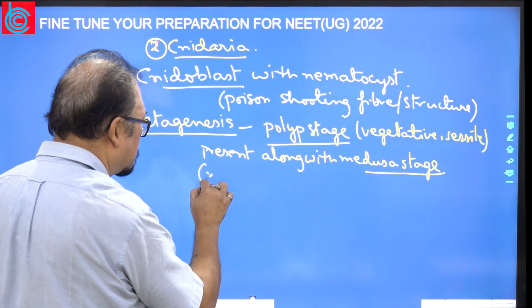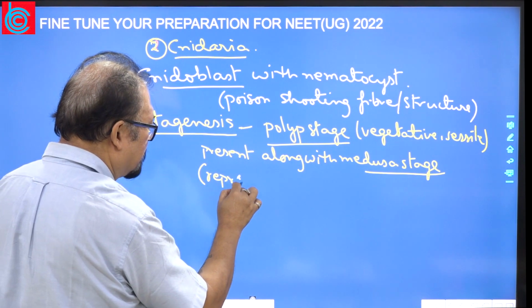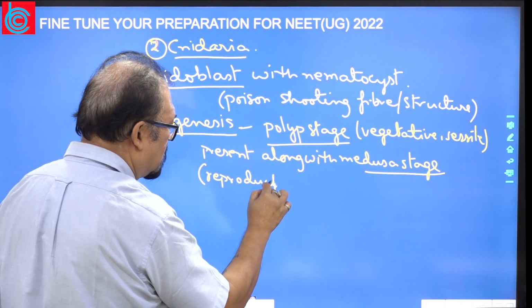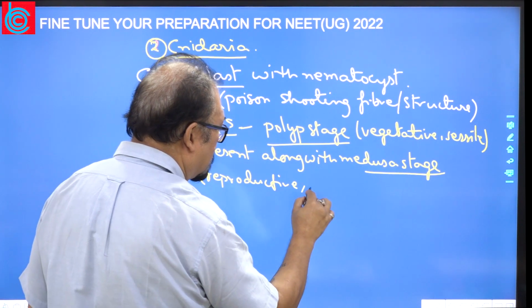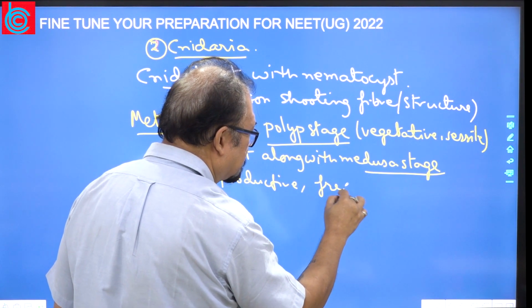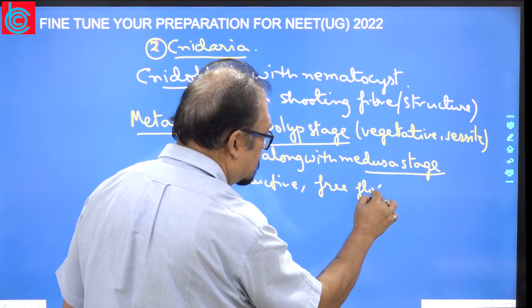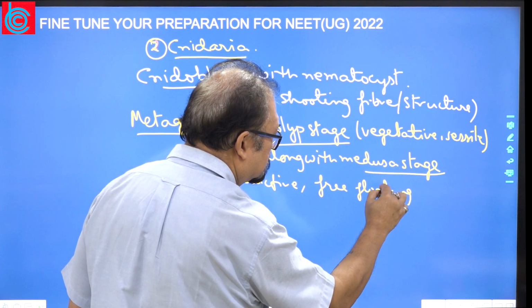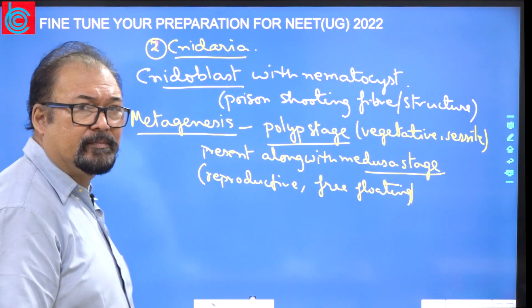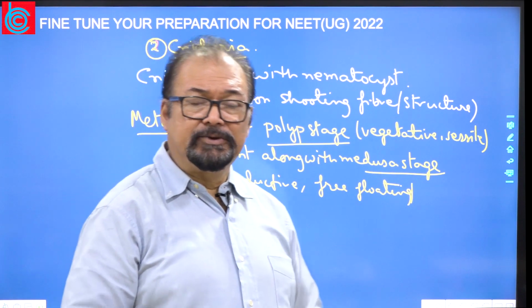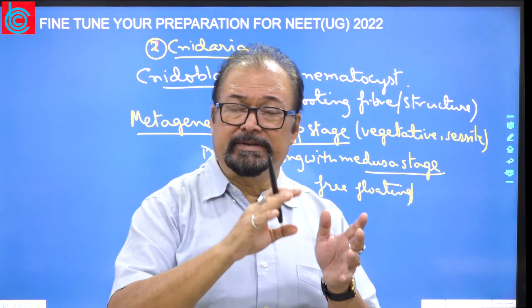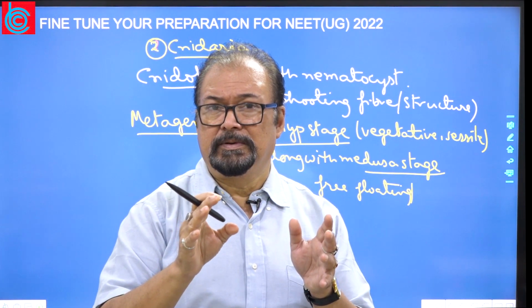Medusa stage is the reproductive and free floating stage. So here polyp stage and the medusa stage, both are diploid.